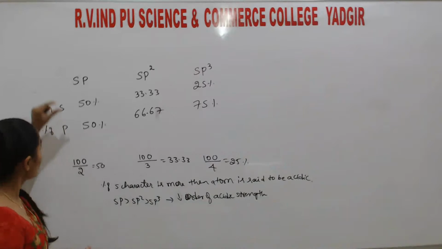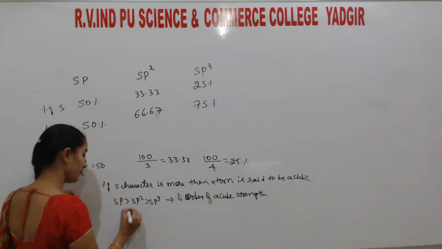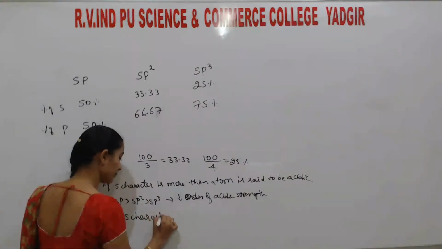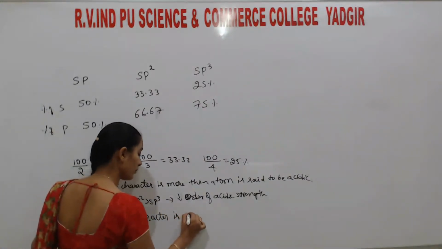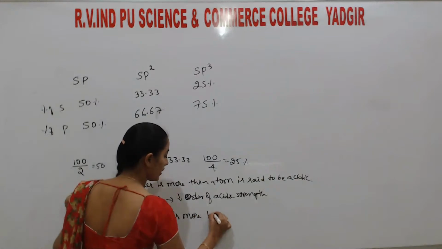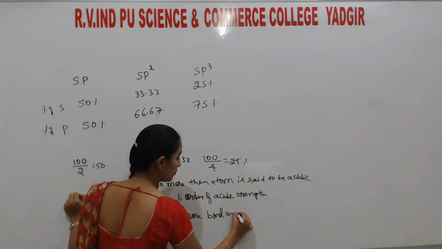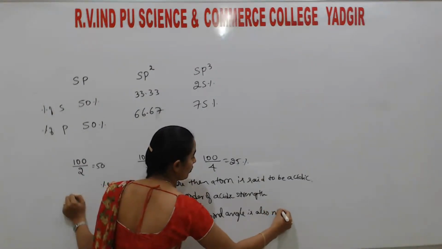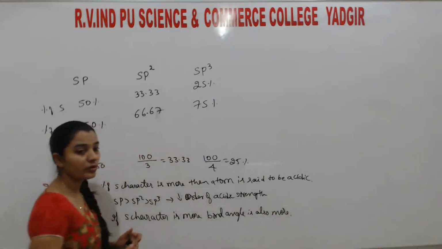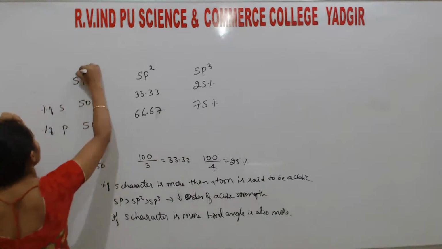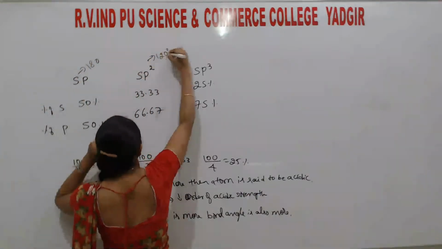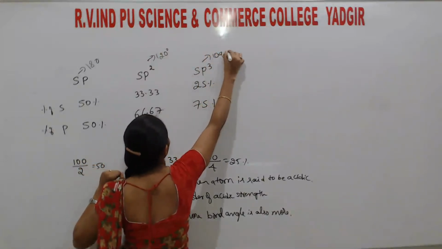And remember, if the s character is more, the bond angle is also more. Bond angle is also more with s character, because sp hybridization bond angle is 180 degrees, sp2 is 120 degrees, and sp3 is 109.5 degrees.